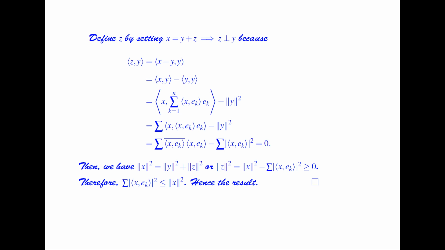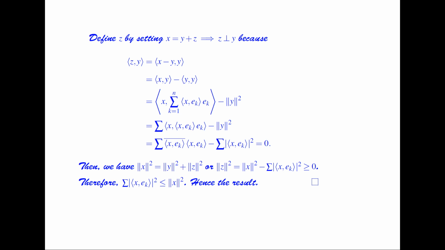So this becomes, now applying the value of y, the inner product of x comma summation of the inner product of x comma ek times ek, minus the norm of y squared.